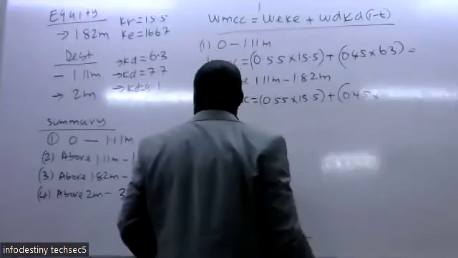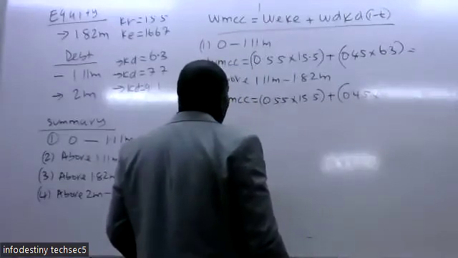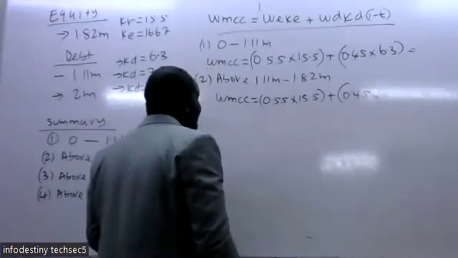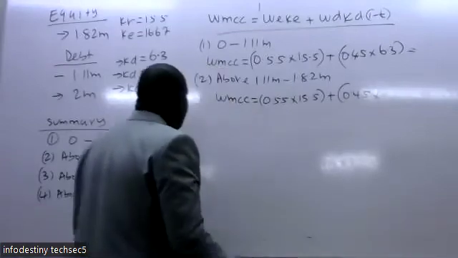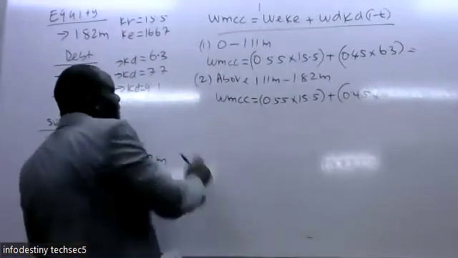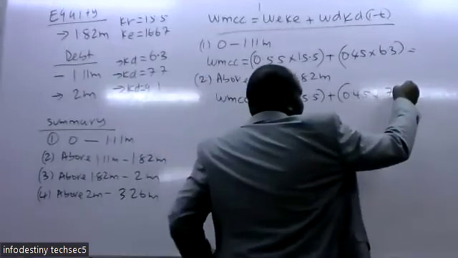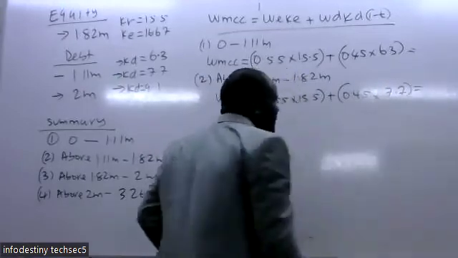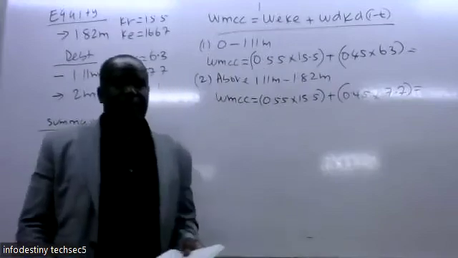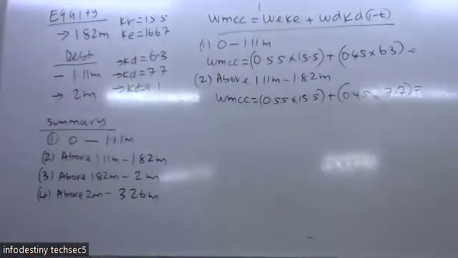So we are above 1.11, but still below 2 million. You see that? In that case we use the 7.7. That one applies: 7.7.